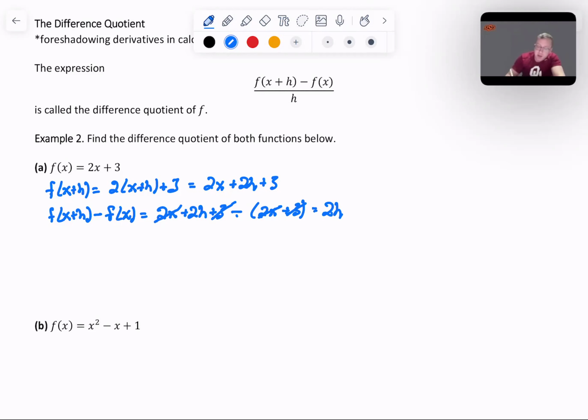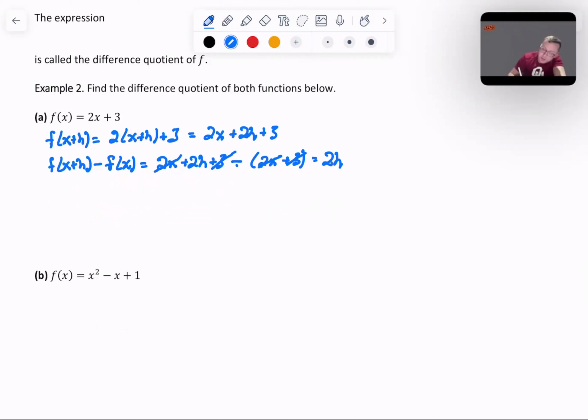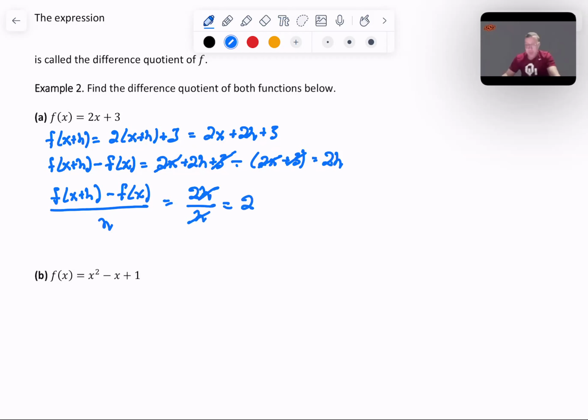So now I know what this numerator is for this one. It's just 2h. So then (f of x plus h minus f of x) over h is just 2h over h, or 2, because these h's go away, right? Everyone okay with that?